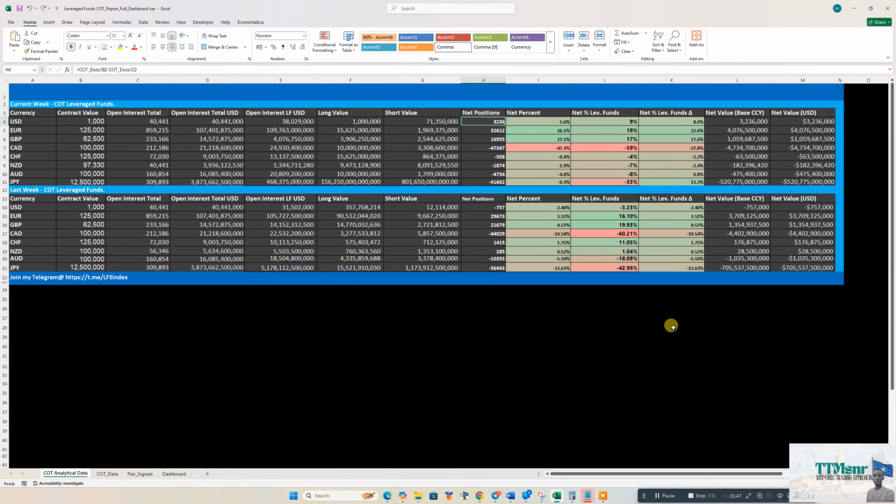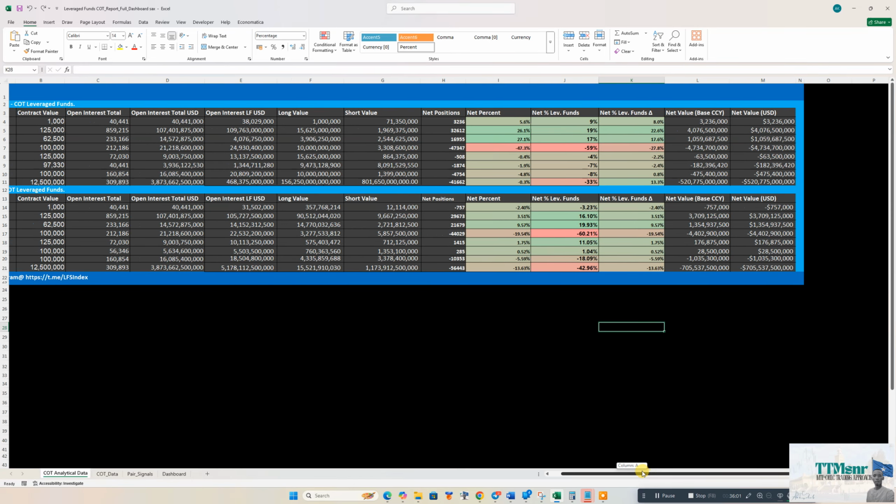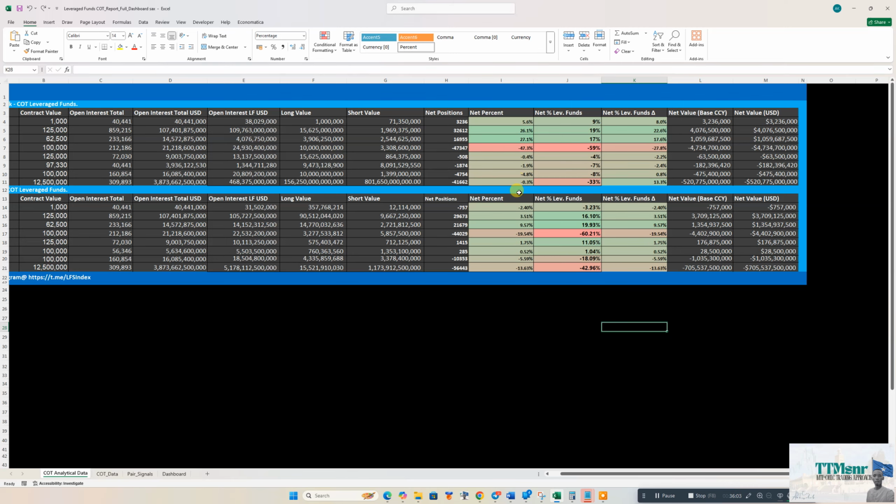We know that if the net percentage is changing from negative to positive at this section, then everything will be so clear. Look here, okay, positive.